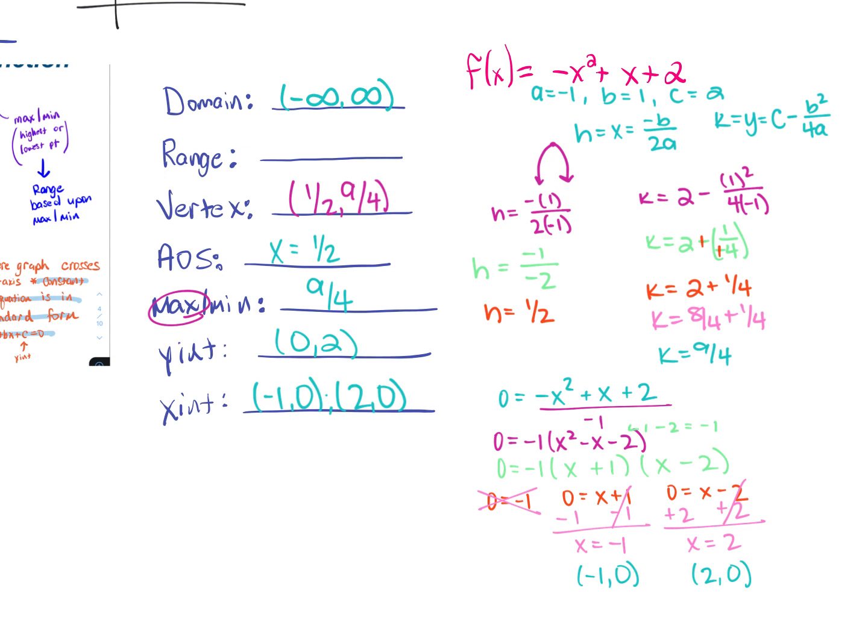So this should be switched to where it goes from negative infinity up to 9/4, including the 9/4. So that's the correct range.